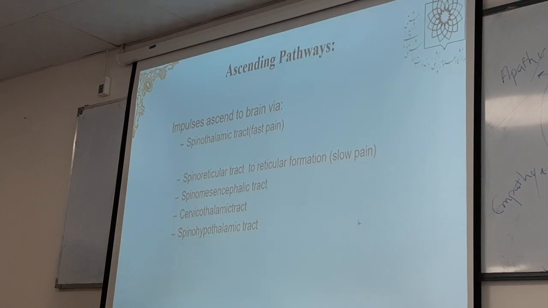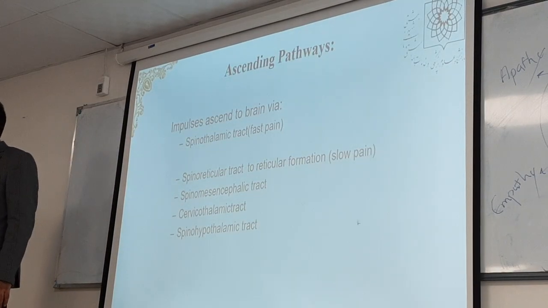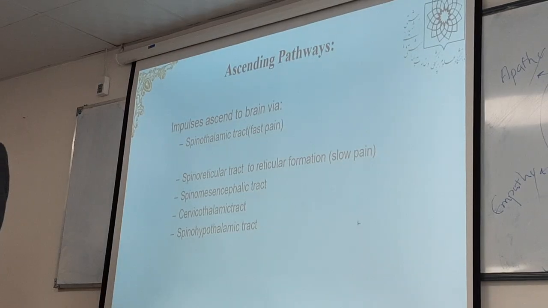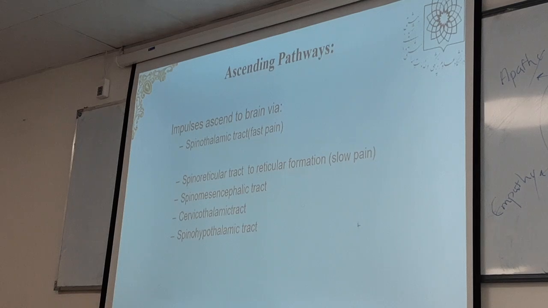Another pathway is the spinomesencephalic tract. You know that in the mesencephalon we have one area named the periaqueductal gray matter. And the periaqueductal gray matter is a center that regulates the intensity of pain locally, centrally.